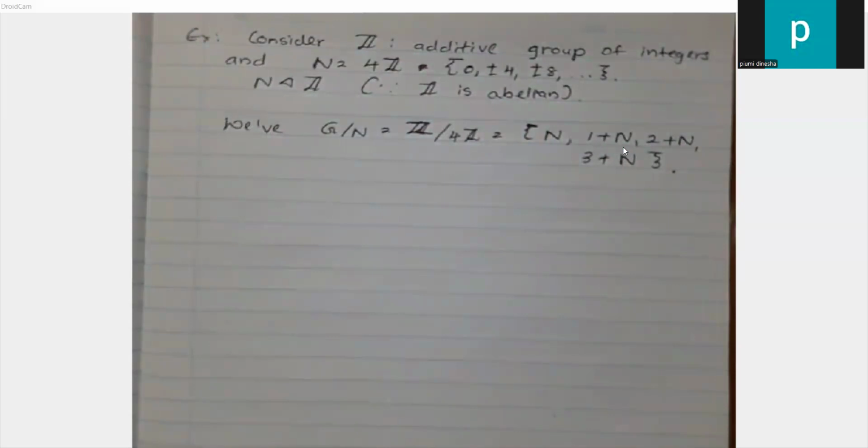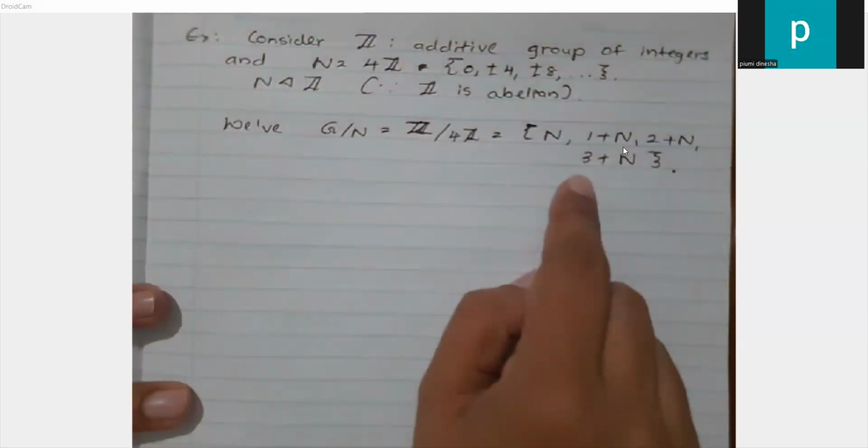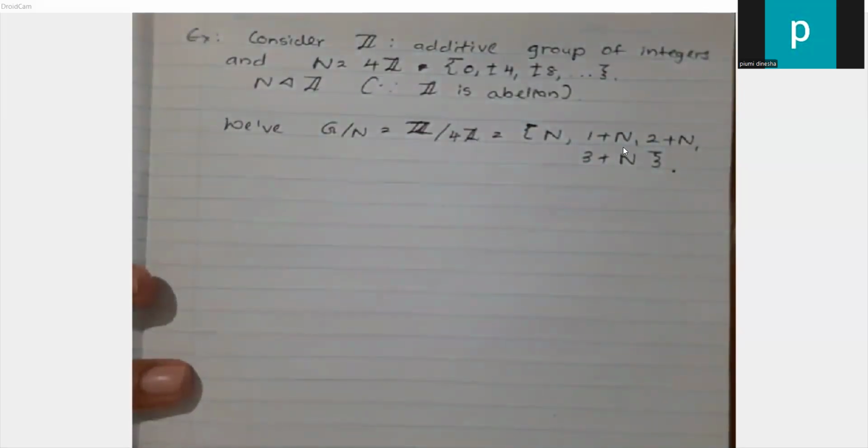These are the distinct left cosets of 4Z in Z. 4 times Z is a left coset in this group, right? Left coset of itself in the group. Then we take integer 1. Right? And we have done this example even in a previous class.